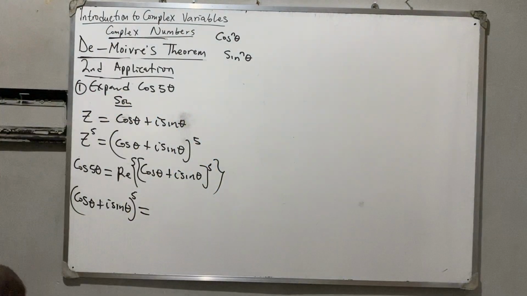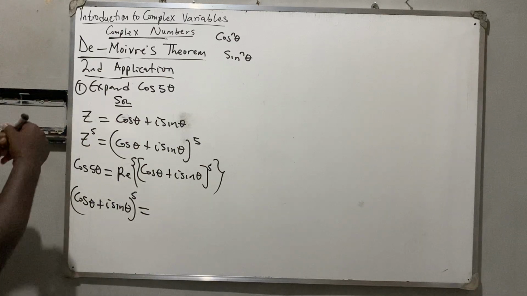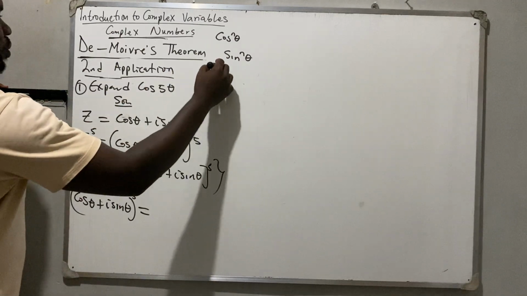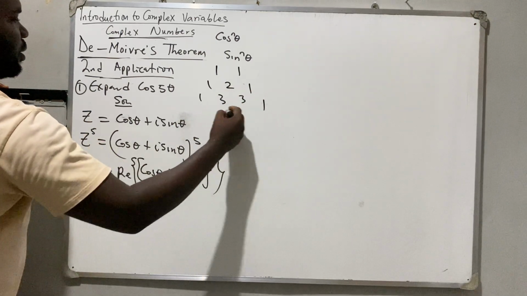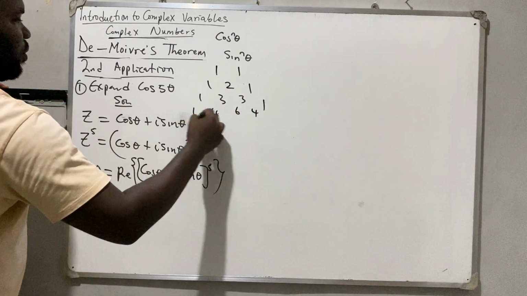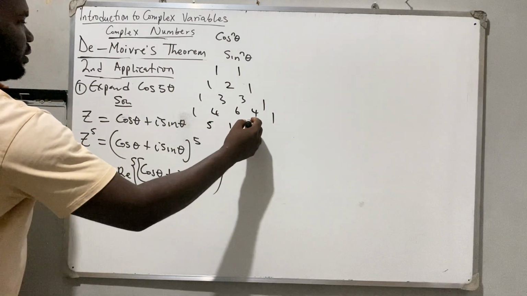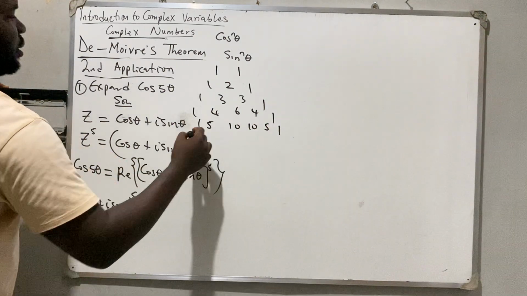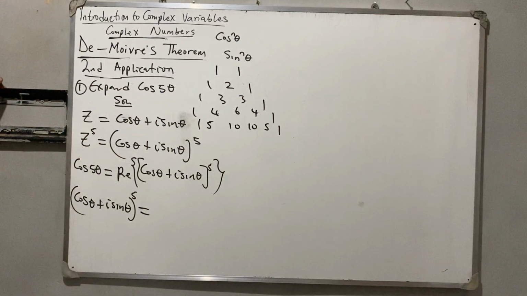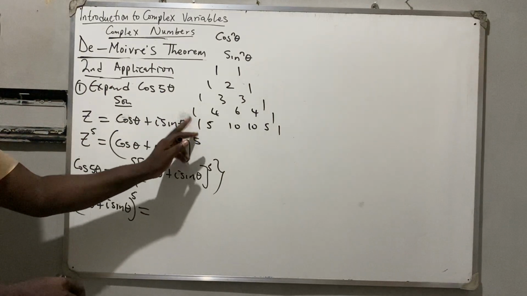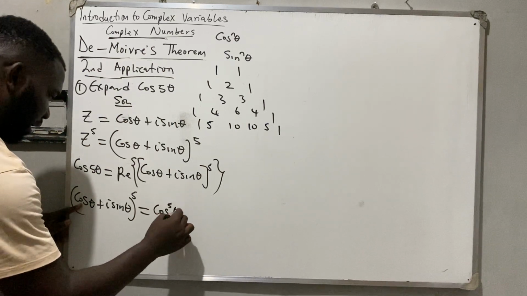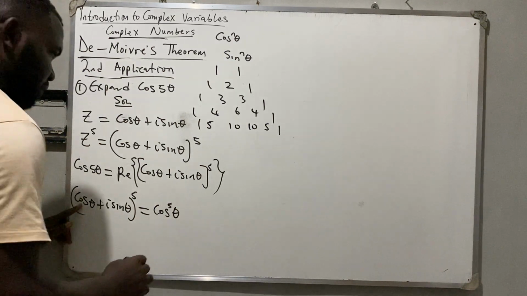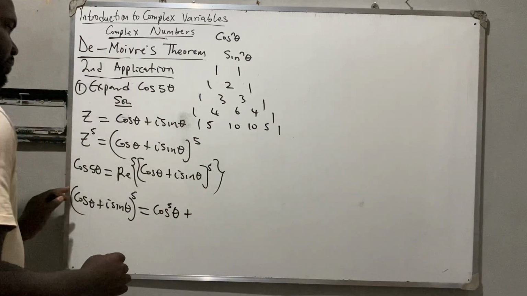Expanding this normally, let's use Pascal's triangle: 1 1, 1 2 1, 1 3 3 1, 1 4 6 4 1, 1 5 10 10 5 1. So we're taking 1 5 10 10 5 1. 1 is the first one, cos 5 theta, plus 5.